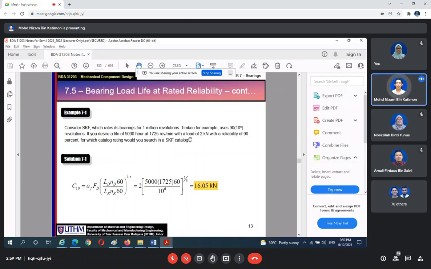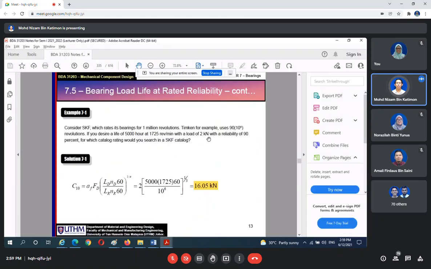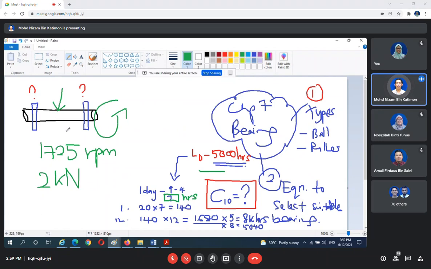Then from your calculation, the load acting is 2 kilonewton. There will definitely be a load on the shaft. There will be some bearing, or there will be a gear, and from the gear there will be a load.